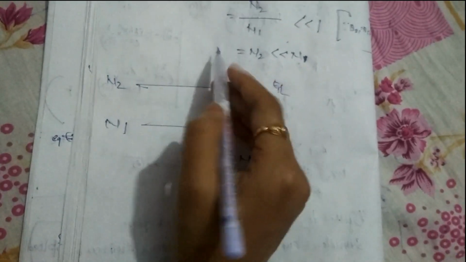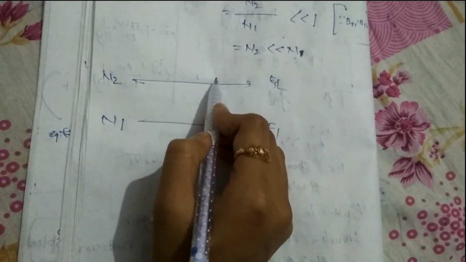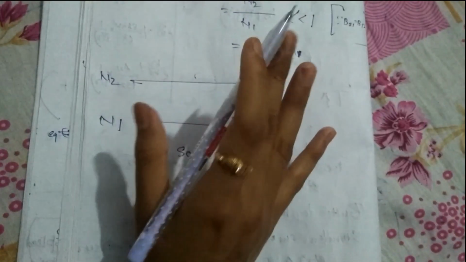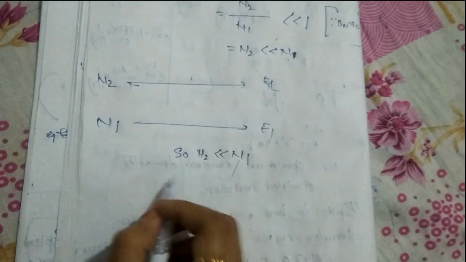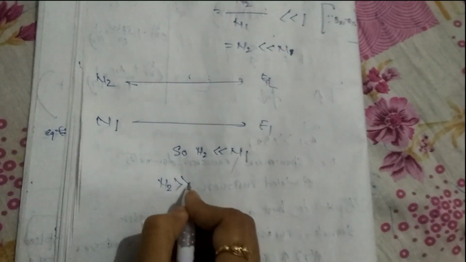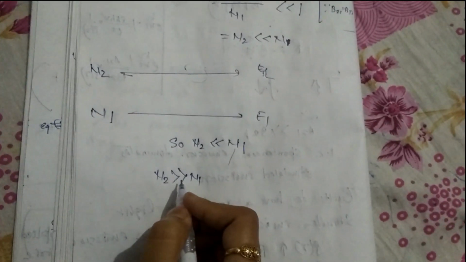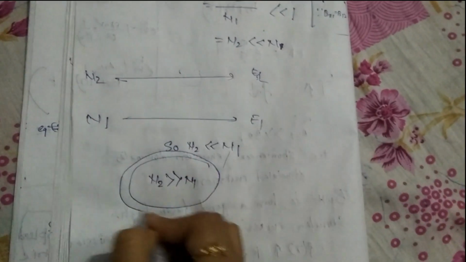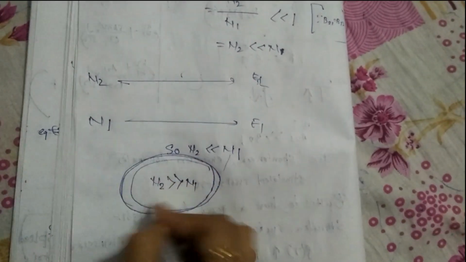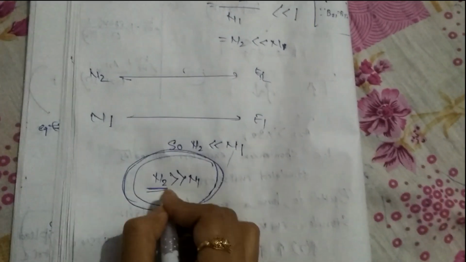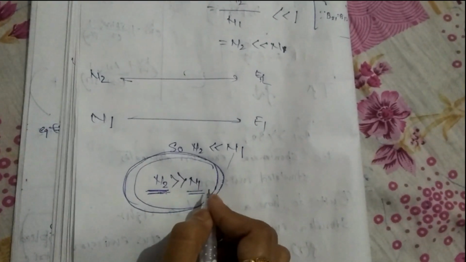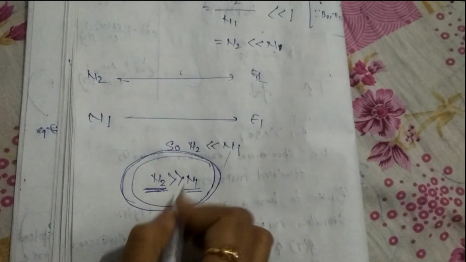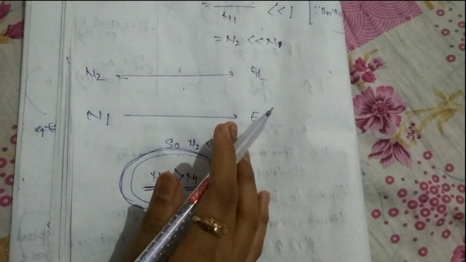So we need to supply energy to maintain more electrons in the excited state than in the ground state. That means we have to maintain N2 greater than N1, which is the second necessary condition.